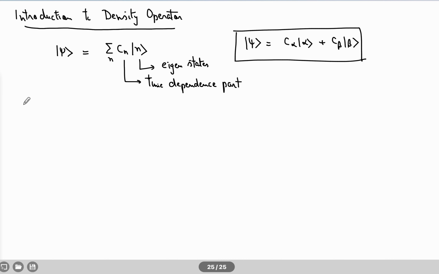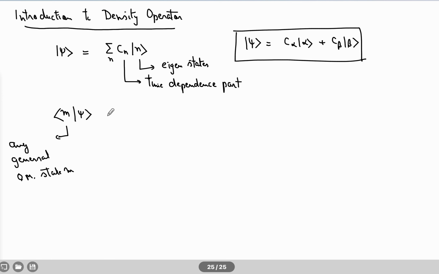For that, let us consider a general state m, and try to take its integral with respect to psi. Okay, so this is a general quantum mechanical state defined by m.